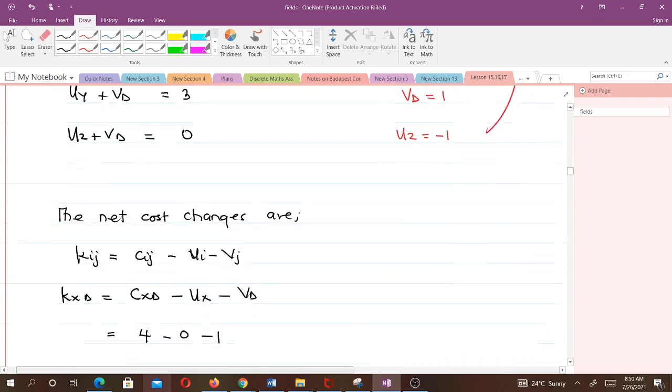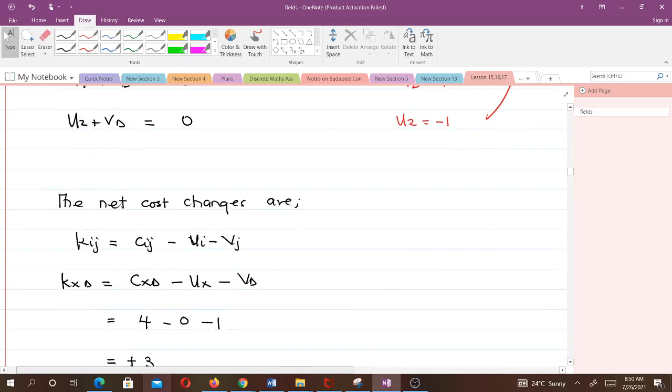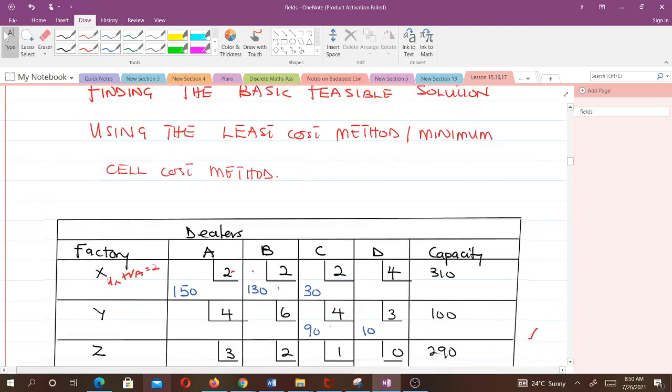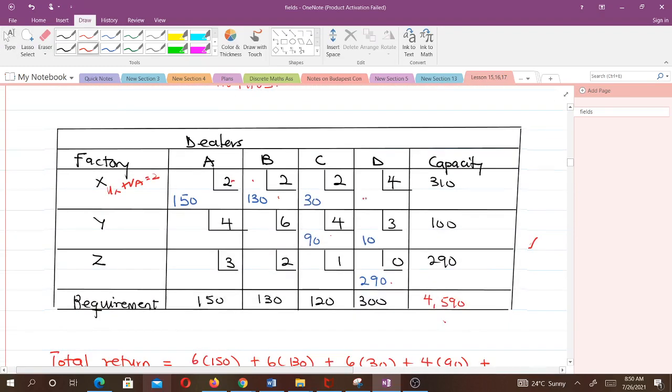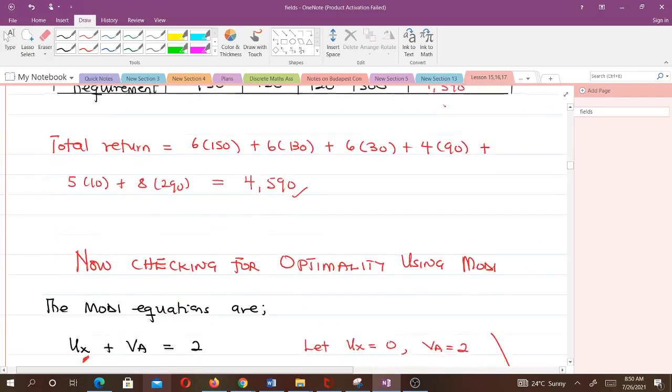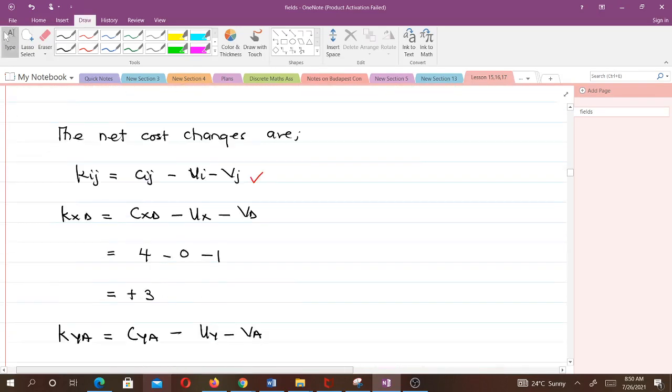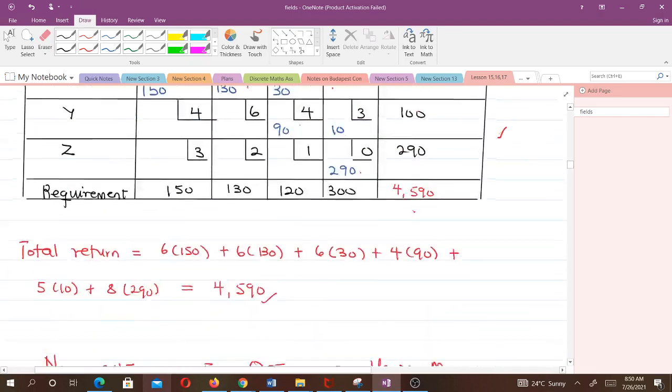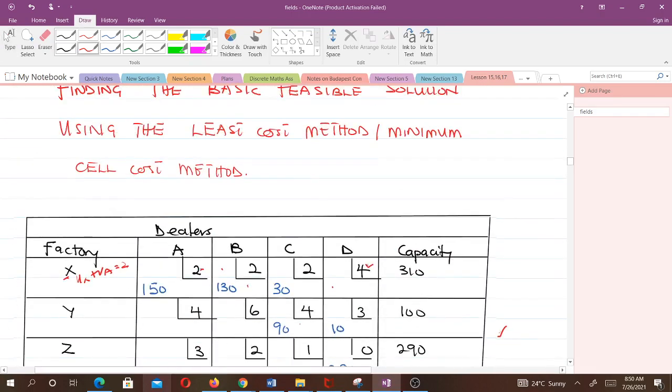Then after that, we calculate what we call the net cost changes for the empty cells. That one is given by what you can see here. So we take, for instance, this empty cell, which will be called kxd. For this empty cell, the net cost change will be cxd minus ux minus vd. So cxd is the 4 here.